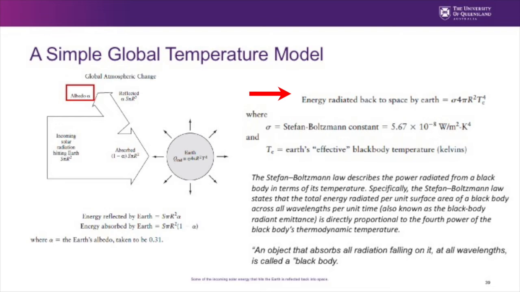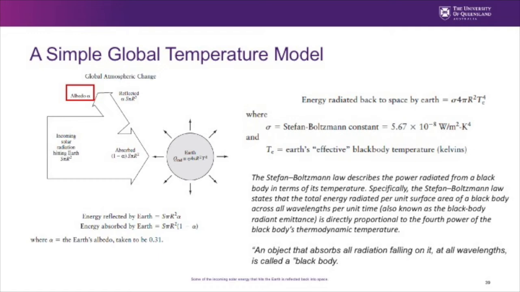Every object radiates energy at a rate that is proportional to its surface area times its absolute temperature raised to the fourth power. For this model, we will assume the Earth is a black body, which will radiate as much as any object with the same temperature and area possibly. So we're saying that emissivity is equal to 1.